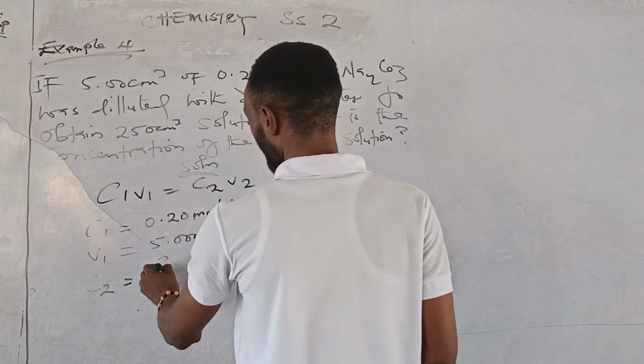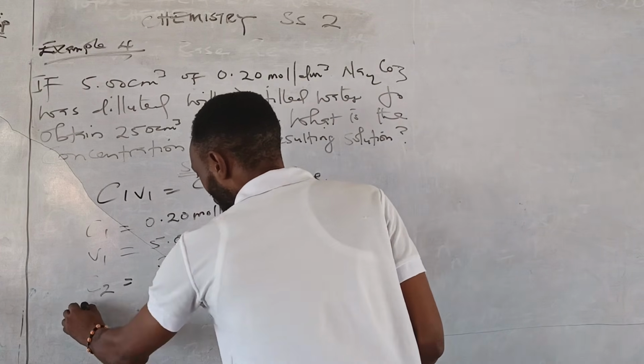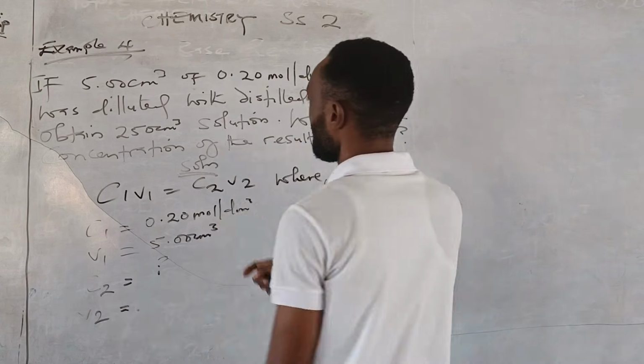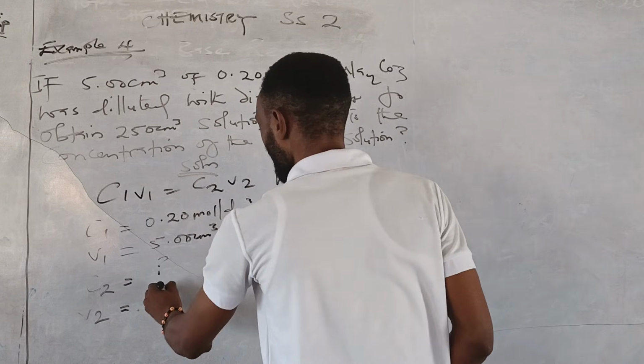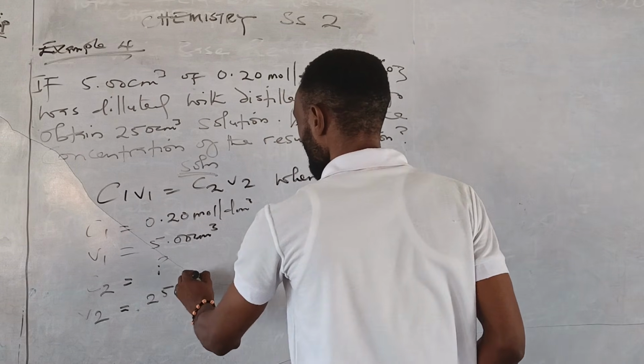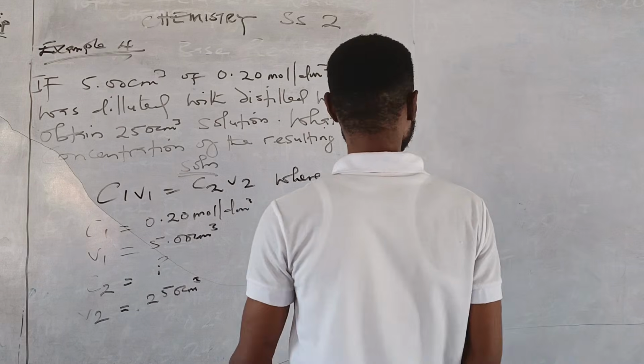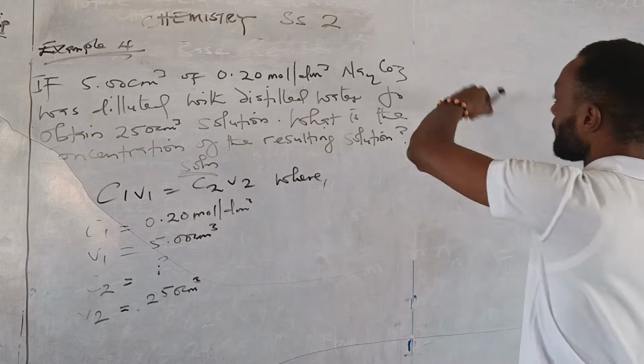We don't know it. And then we have our V2 equal to 250 cm cube.